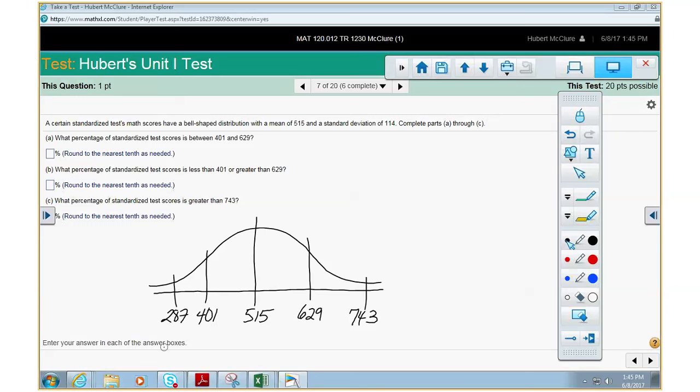Now I'm going to put my empirical rule numbers up here for you: 34, 34, 13.5, 2.35, and 0.15.